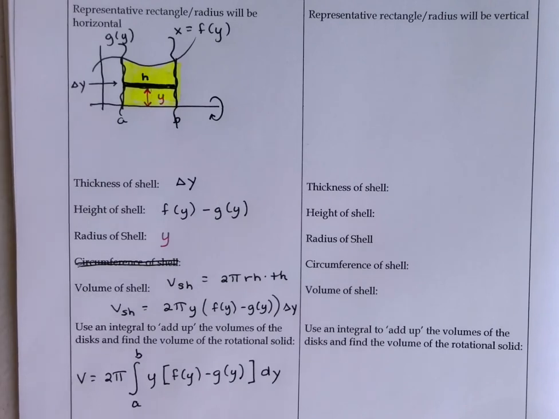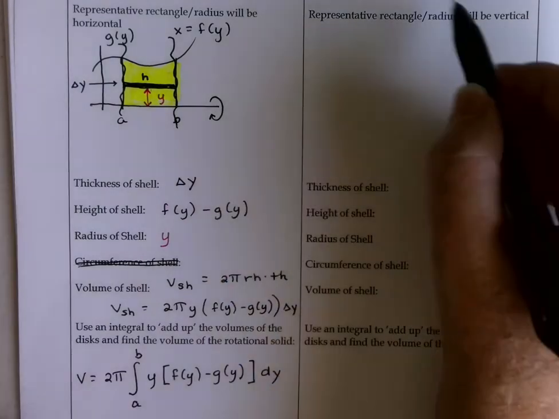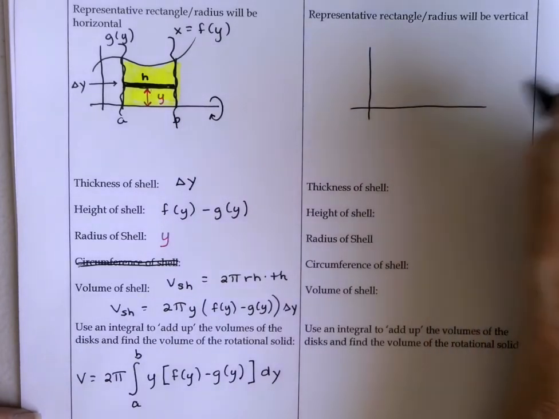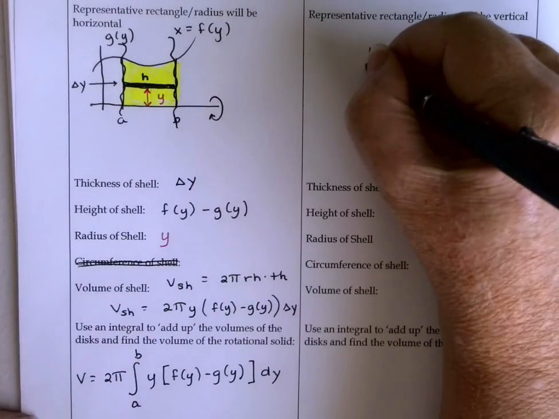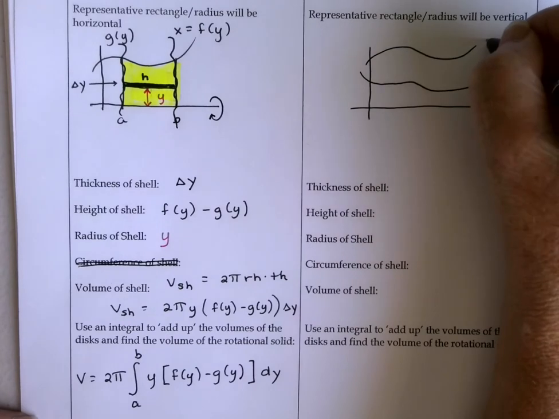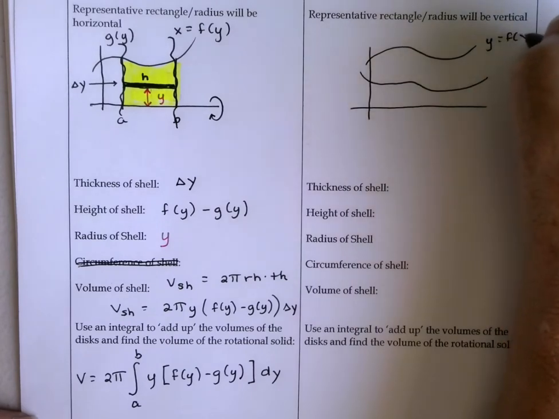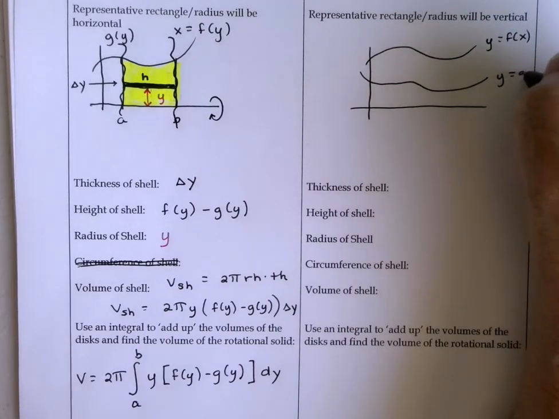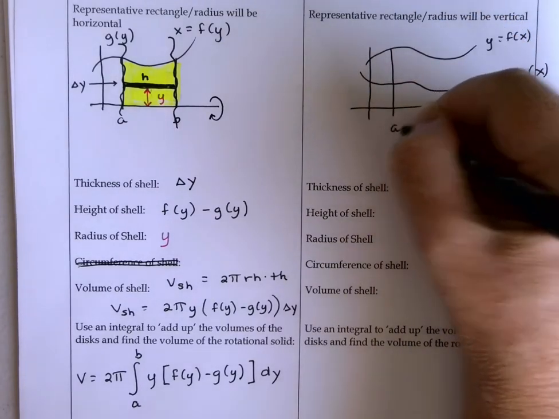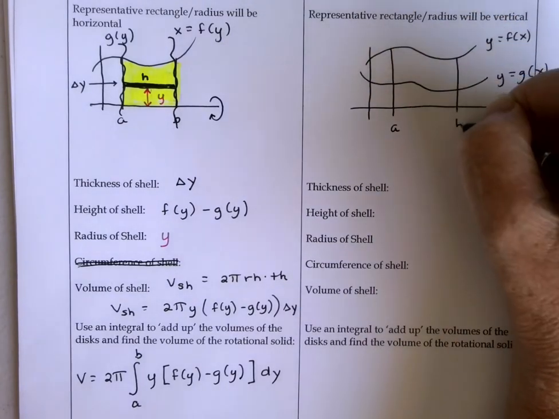All right, let's go ahead and draw a general scenario for rotating around the y-axis. This time, I'm going to have a y equals f of x and a y equals g of x, between a and b.